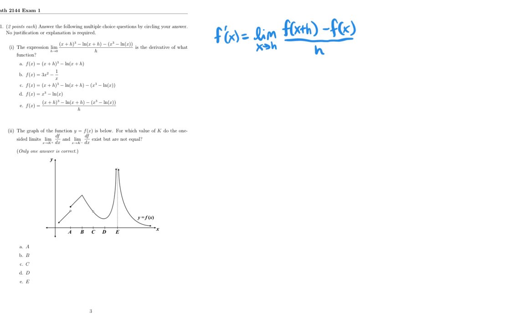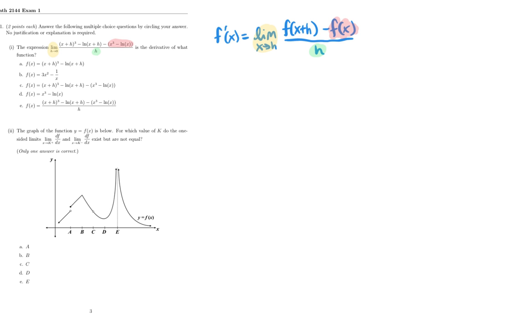So clearly this h matches that h. I can see that this limit as h goes to 0 matches with that. I can see that f of x should match with this portion of the definition.